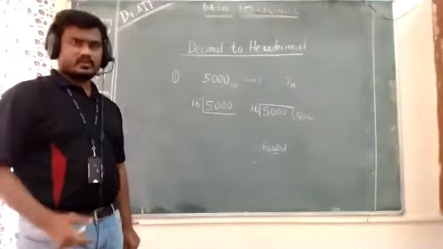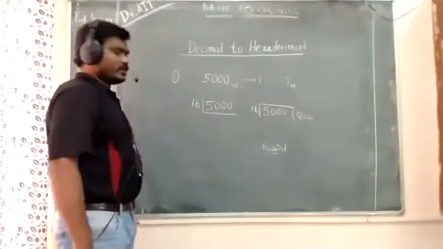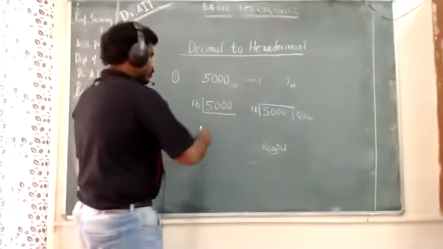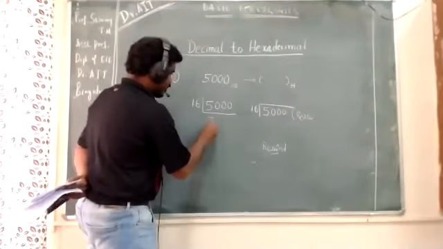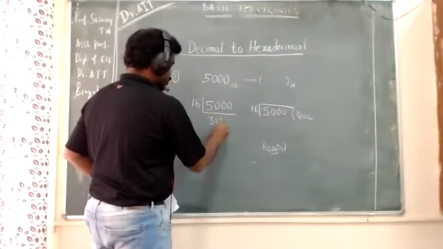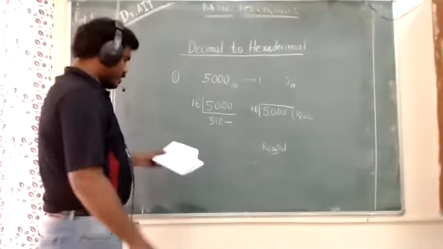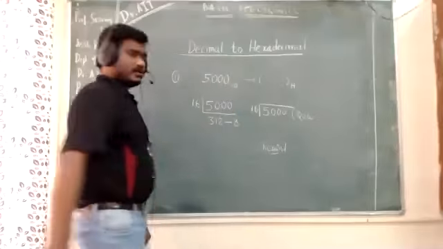You can do it by yourself and find out the remainder and the quotient. The quotient you will get is 312. Since I have solved this, I am writing it directly. So you will get quotient as 312 and remainder as 8, like this.